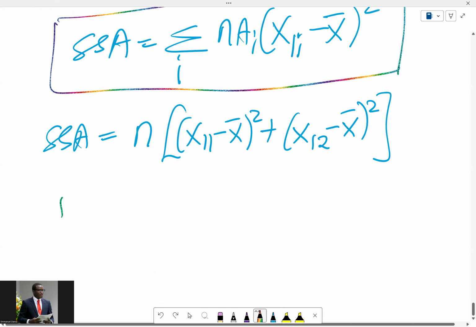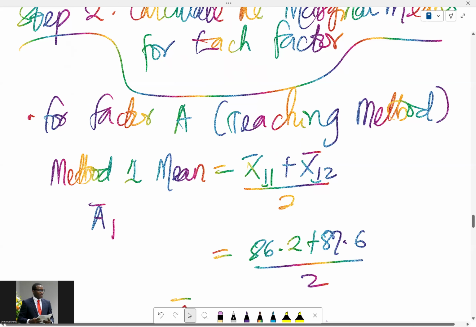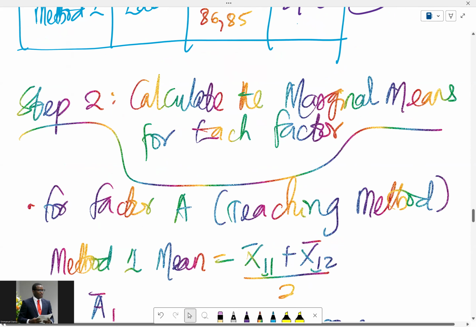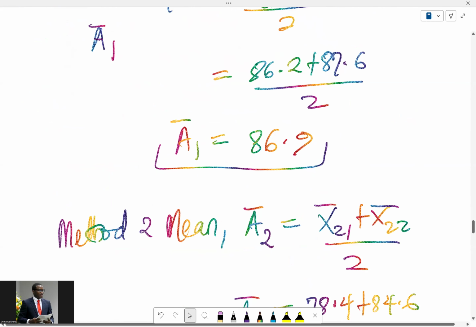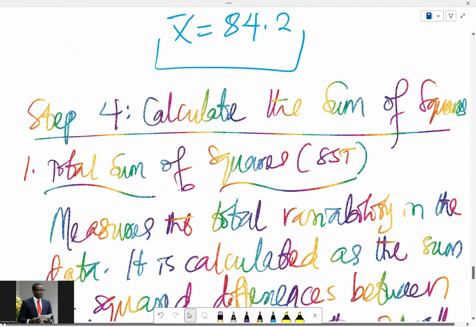Then you remember the group means, A1 bar and A2 bar. That's what we need here.